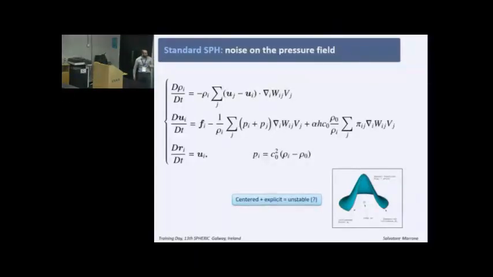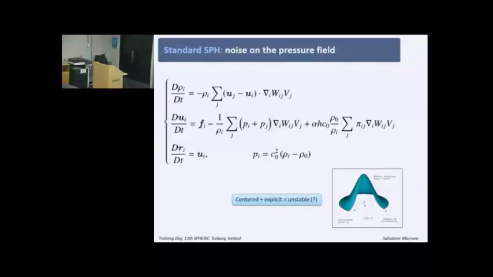So generally, in finite difference schemes, when you have a centered difference and you are explicit, you are unstable. The scheme is divergent. In SPH, actually, we have centered differences because the particle is here and it calculates the differences with respect to surrounding particles.